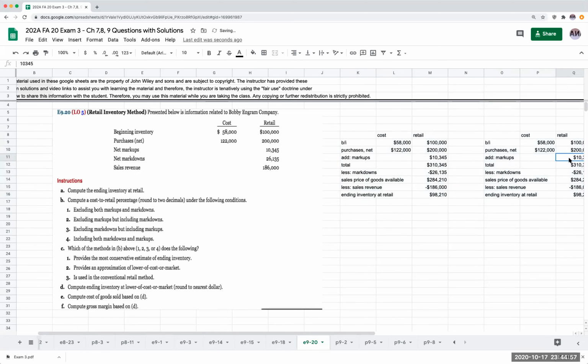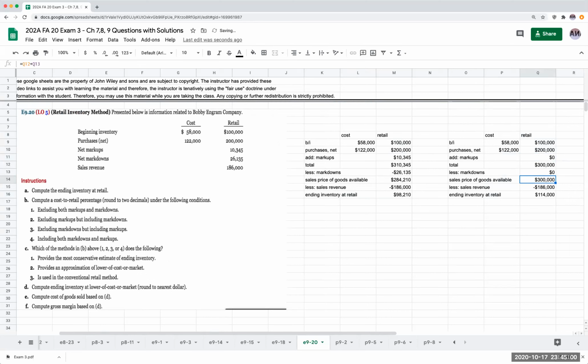If I exclude markups and I exclude markdowns, my cost to retail is going to be 180 divided by 300, or a total of 60%. Okay, so this is excluding markups and markdowns. We'll call this B1.